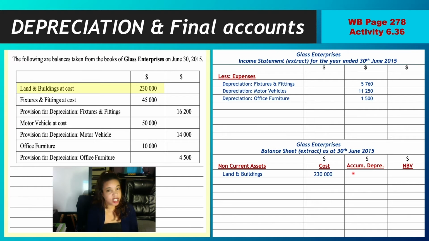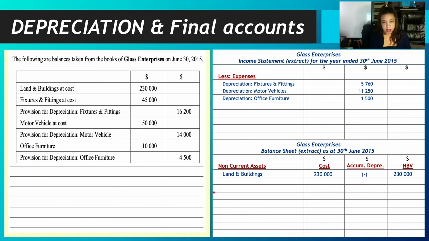Accumulated depreciation, it was not depreciated. So you can either put 0, you put a dash, whichever one, and therefore your net book value, 230,000 minus 0 is 230,000. So fixtures and fittings, the cost was, you would check the cost in terms of your question.